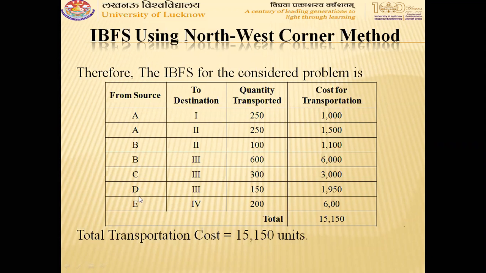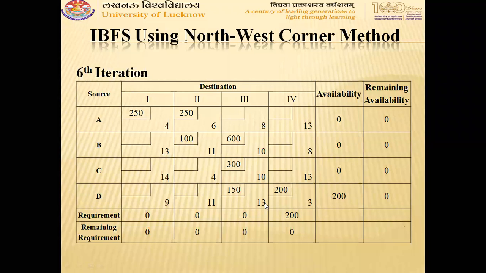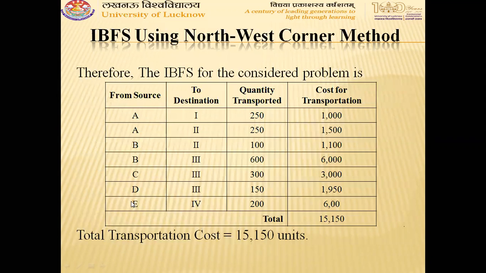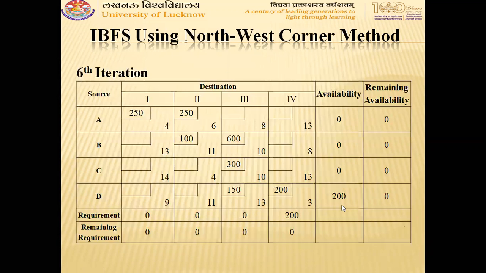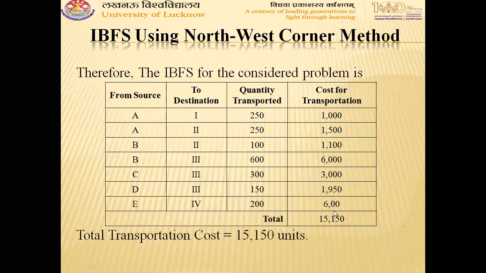From source D to destination 3, the number of transported units is 150 and the transportation cost will be 1950, that is, 150 multiplied by 13. Here it is written E, but it is originally D. We transport from source D to destination 4 a quantity of 200. The transportation cost will be 600, as the per unit transportation cost from source D to destination 4 is 3.